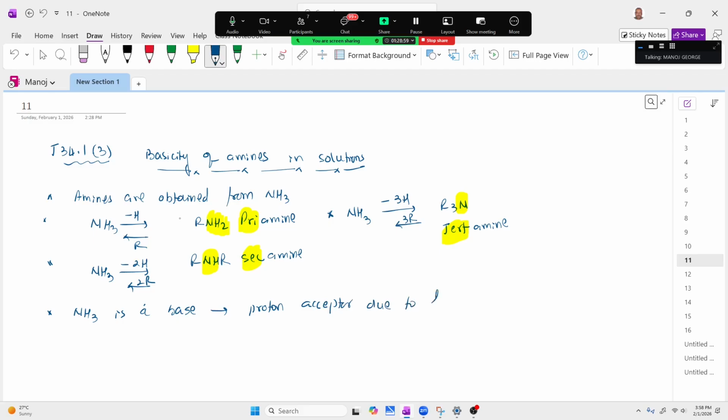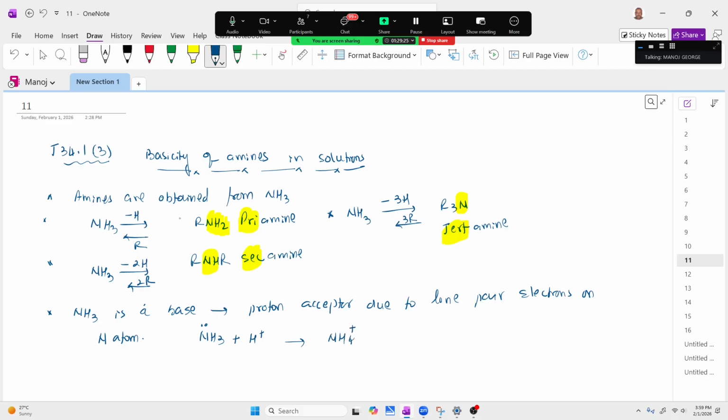Due to the lone pair of electrons on the nitrogen. You have done this reaction so many times: ammonia can accept a proton because nitrogen has a lone pair of electrons. It can accept that proton easily and changes into NH4 plus.